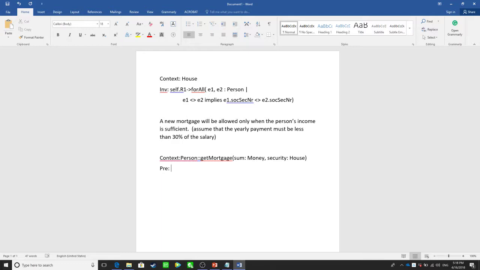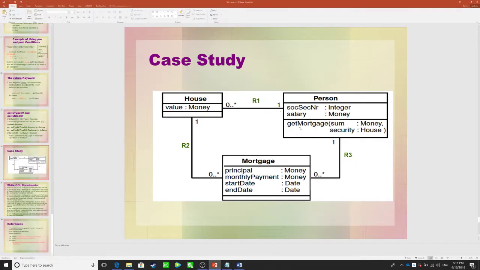And what's next? Okay, let me pour this out. So the person has something, his salary, and the get mortgage has a mortgage like something like this.